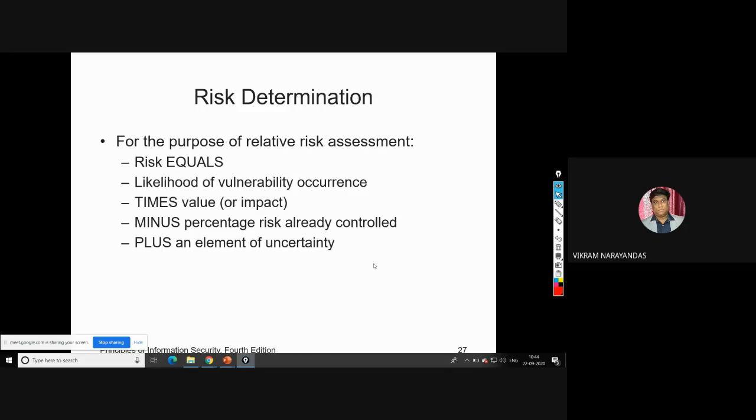So first, for risk determination, you find the likelihood times the value of the information assets, minus the percent of risk already controlled, plus uncertainty. You can find this formula in your textbook and work on it. Some examples are given in the text for risk determination.